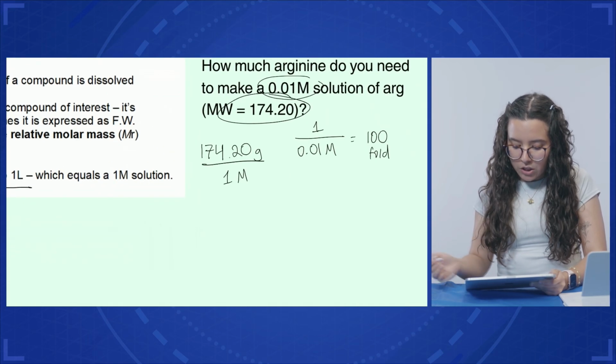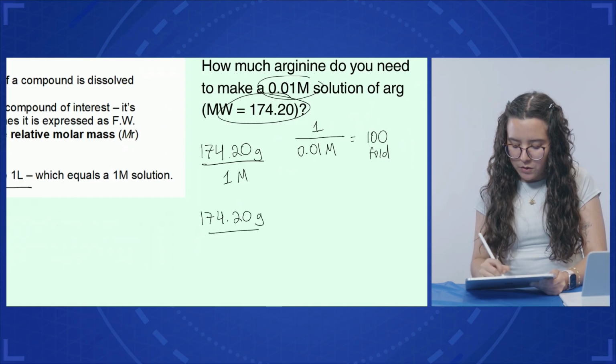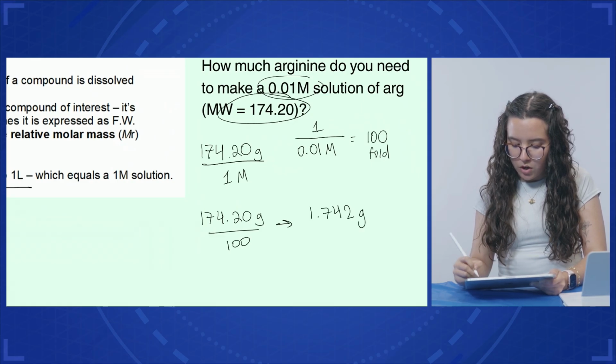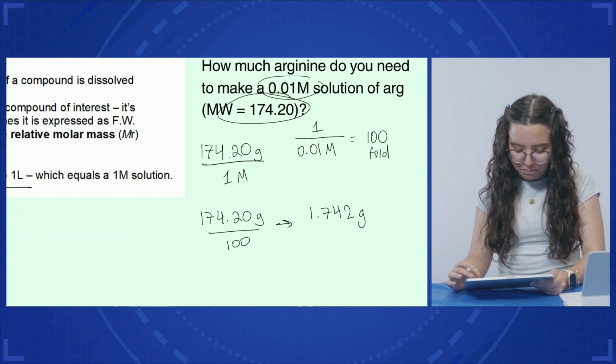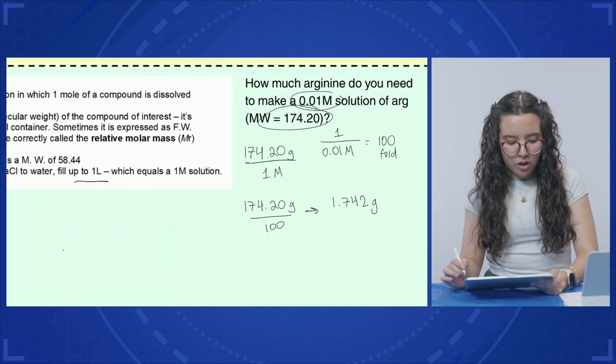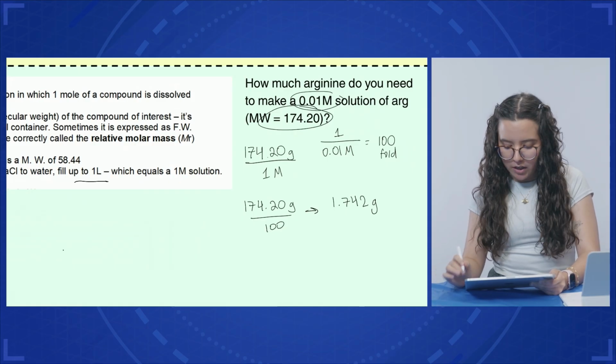So one way to do this would be to simply divide 174.20 grams by 100, and that lets us know that we need 1.742 grams of arginine for the solution, and then we would just fill it to the 1 liter mark.